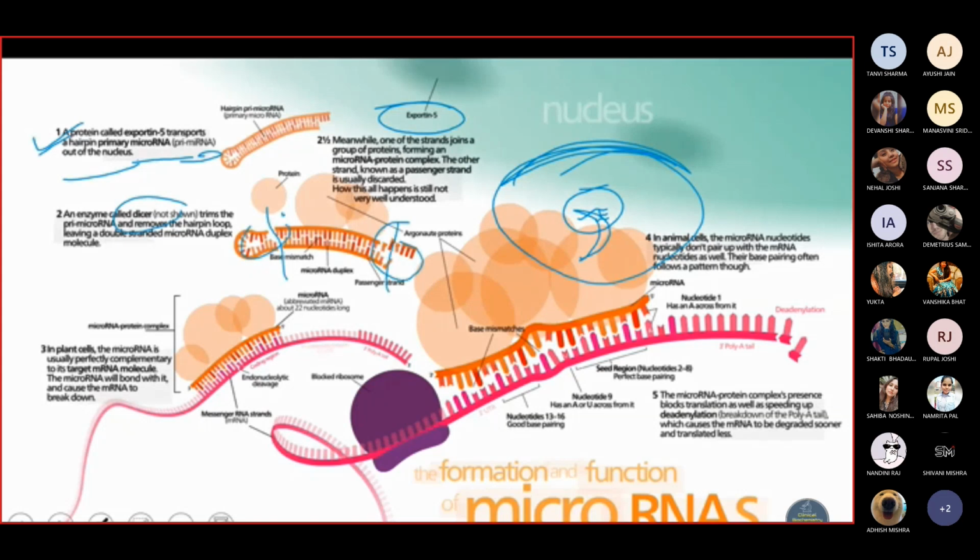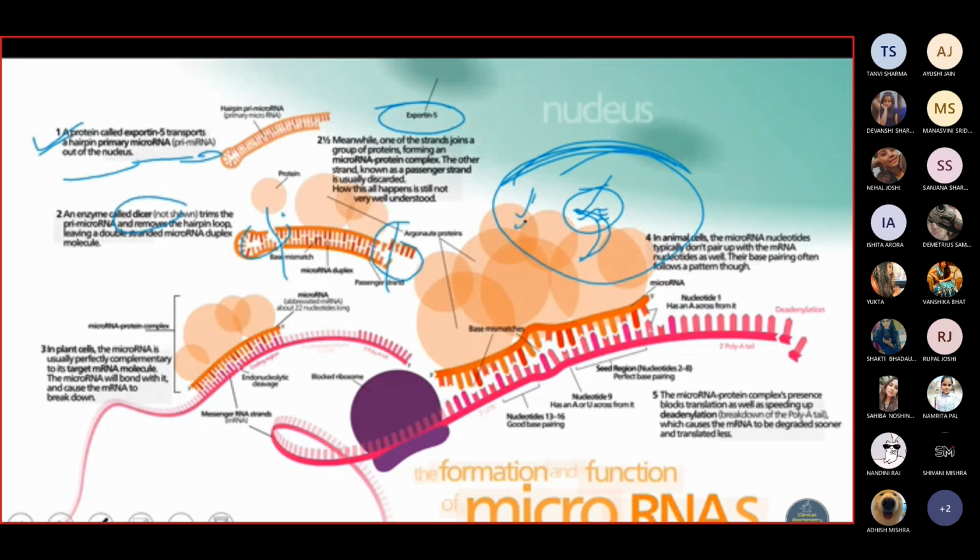Let me repeat. All the RNA, whether mini RNA, microRNA, HnRNA, or messenger RNA, is synthesized inside the nucleus, because transcription occurs inside the nucleus. So miRNA synthesis also occurs inside the nucleus itself. The silencing process occurs inside the cytoplasm, so miRNA or siRNA has to come to the cytoplasm.